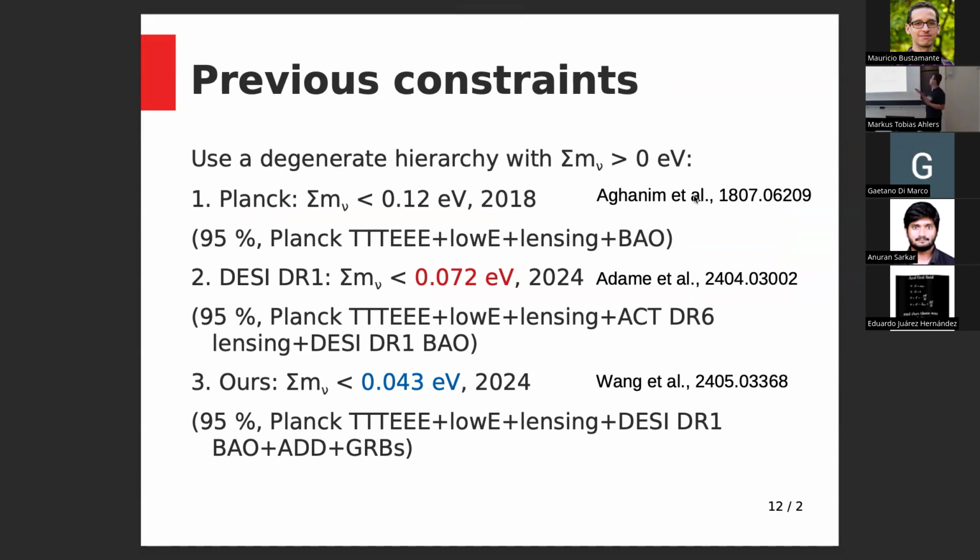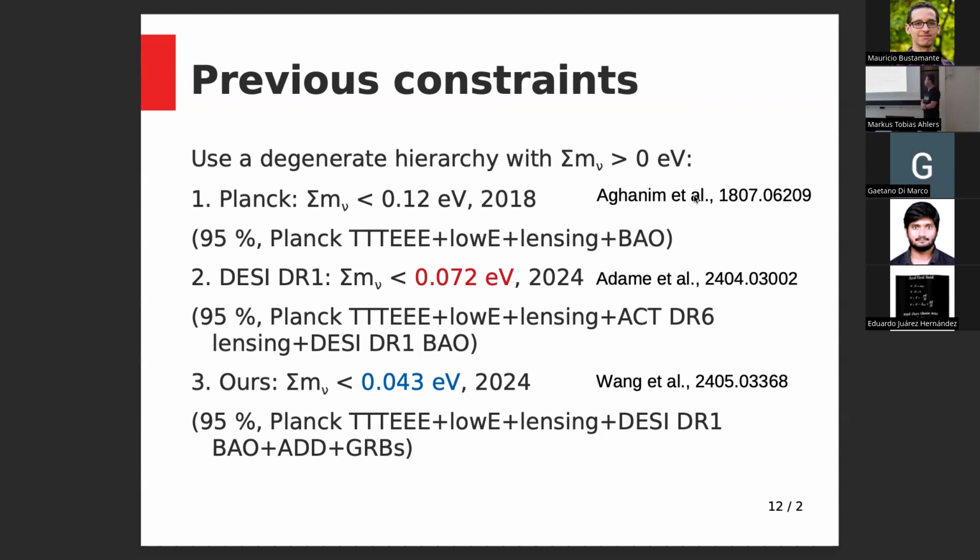Generally, this result assumes a positive neutrino mass. We also work in the framework of degenerate hierarchy. It's not a physical hierarchy, but it's very efficient to extract the behavior of neutrino mass on cosmic scales.